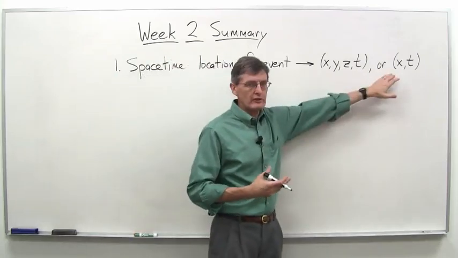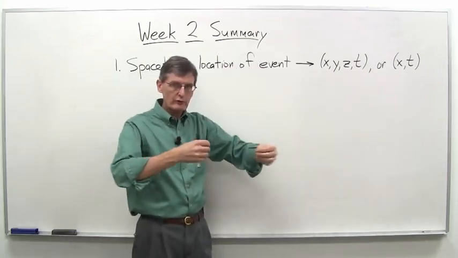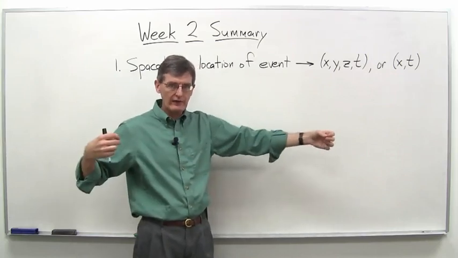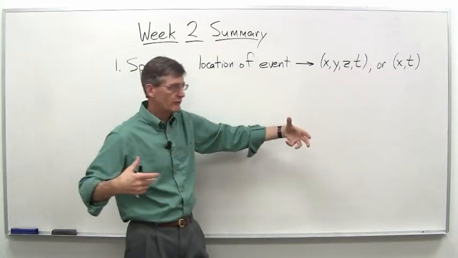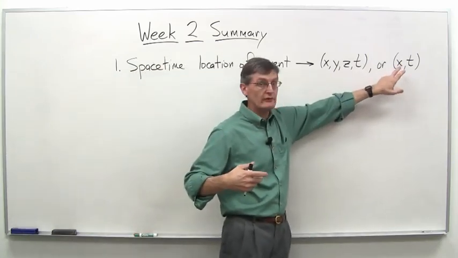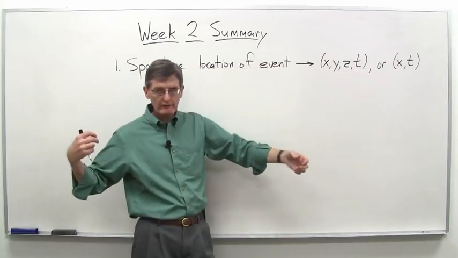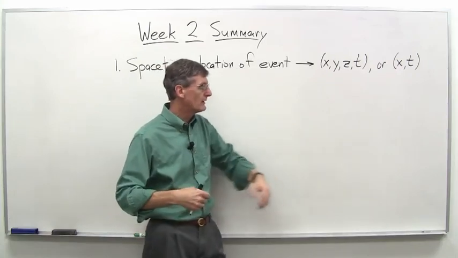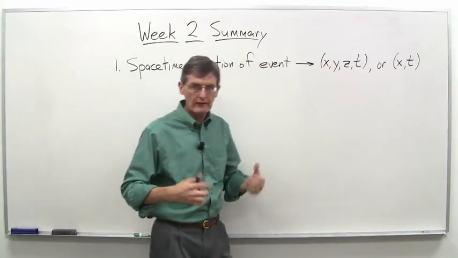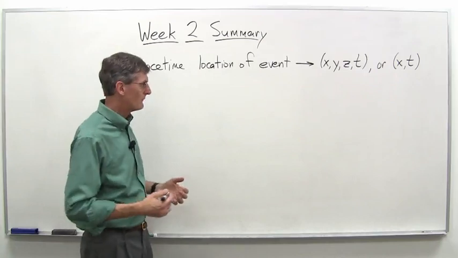Or just x and t. We're going to, for the most part, just deal with things in 1 dimension along the x-axis to make things a little simpler. So we'd specify its location on the x-axis, either in the positive direction or the negative direction, and specify some origin point, and then the time of a certain event as well.